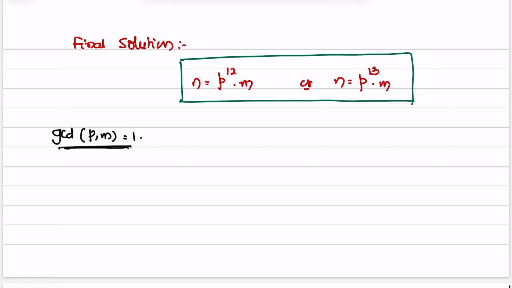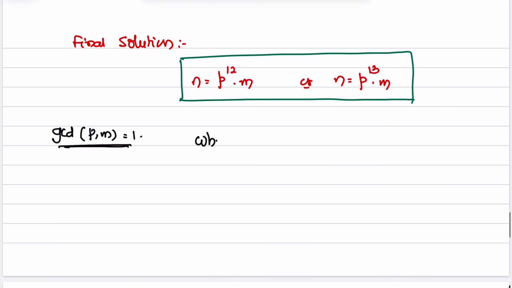This is the general answer when Fn is equal to 7, and the number of divisors of n that are perfect squares is equal to 7. This is the answer.